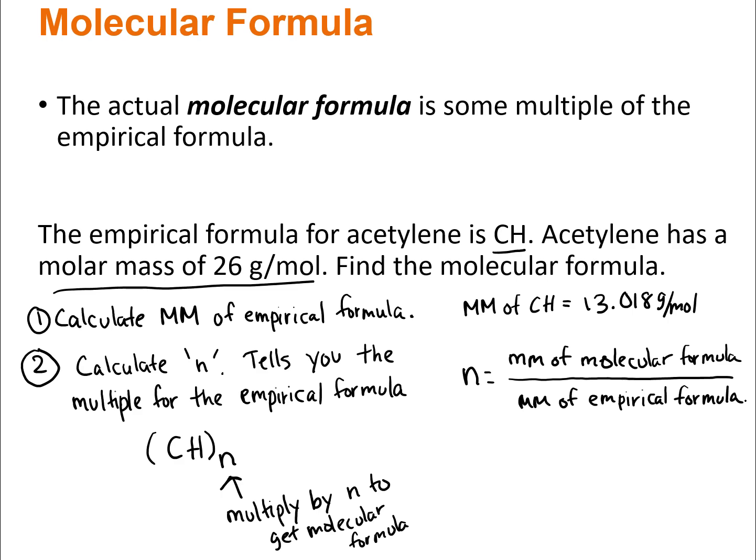So for our acetylene example, our N would equal 26 grams per mole divided by what we calculated for the empirical formula.